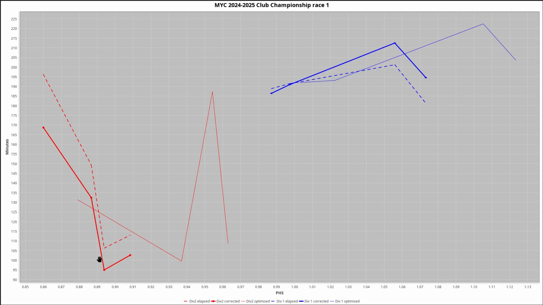And in Div 2, not so much. In Div 1, it's kind of level, but then the raw data was kind of level as well. And I have to say, in the club champs, none of the races really reflect the pattern that you'd expect to see. The thin solid line in red and blue is if we look at all the handicaps given and pick a single handicap for a boat and apply that throughout the season.